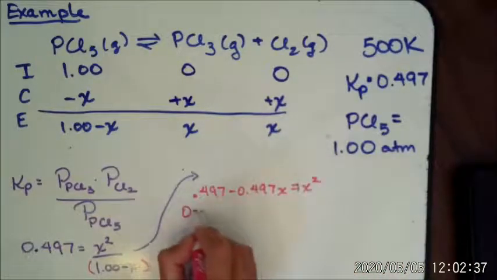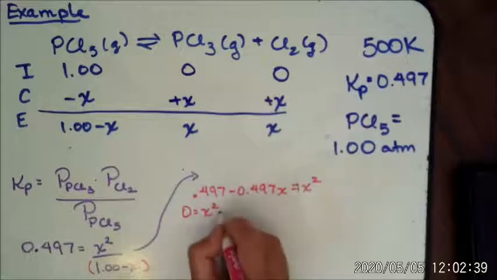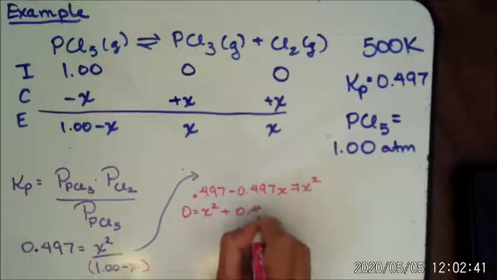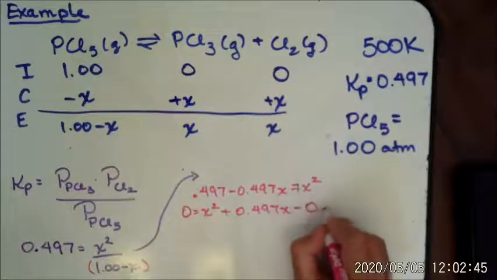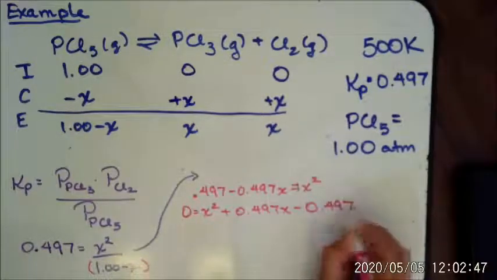So 0 is equal to x squared plus 0.497x minus 0.497.